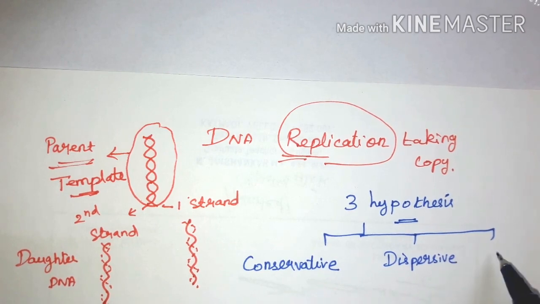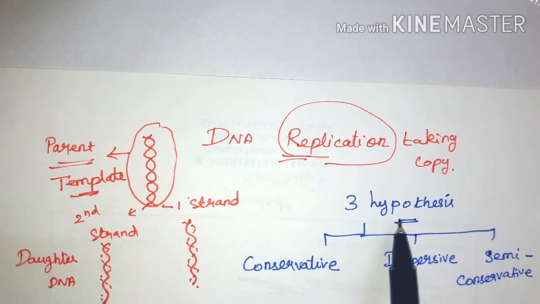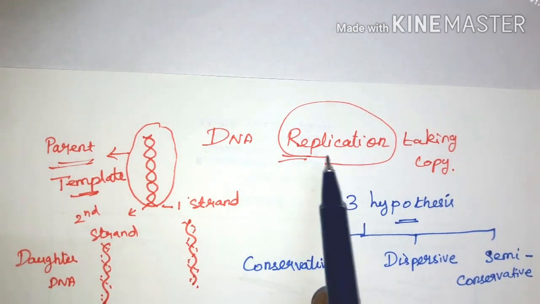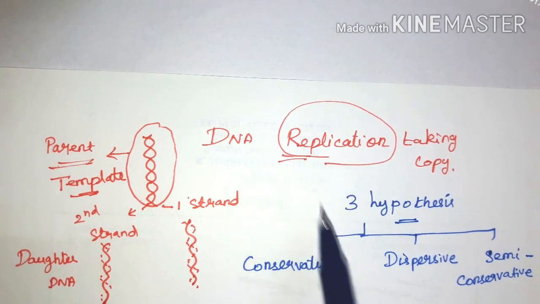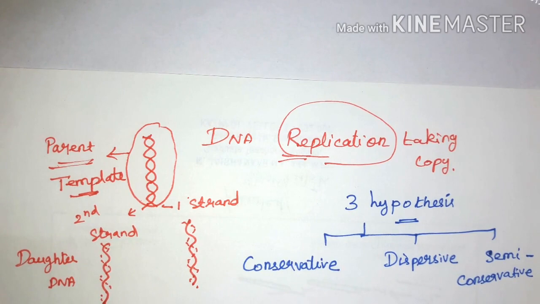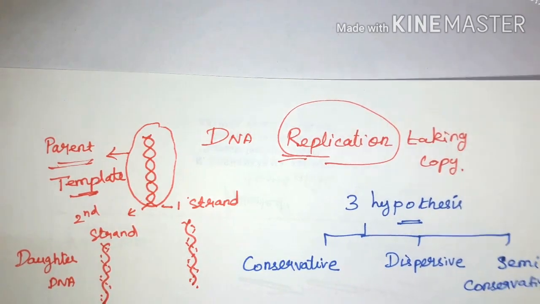And the third one, which is most common and also accepted and proved by scientists, is semi-conservative. These are the three hypotheses which are explained to understand what DNA replication is and how the replication takes place in the case of animals. So let's see one by one.